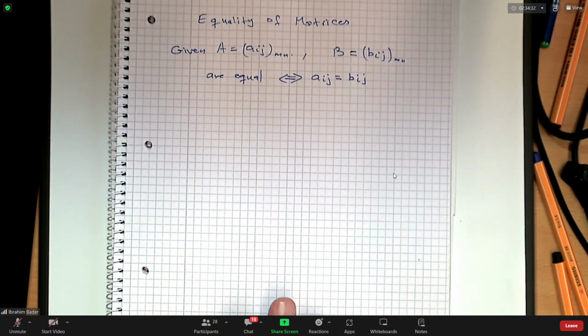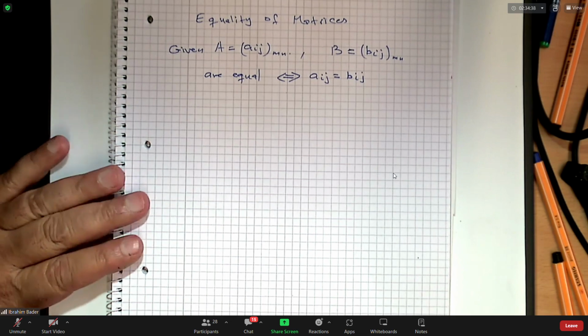That means each element at the same location is equal to the other element.